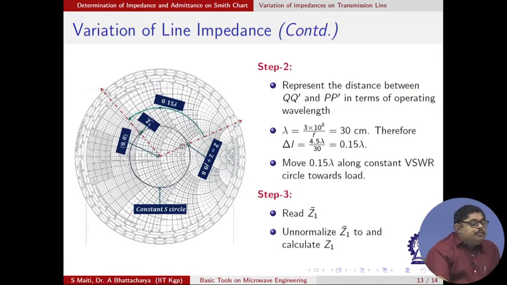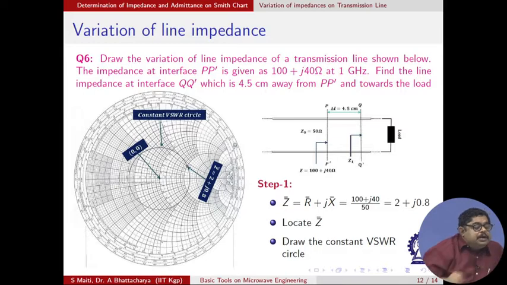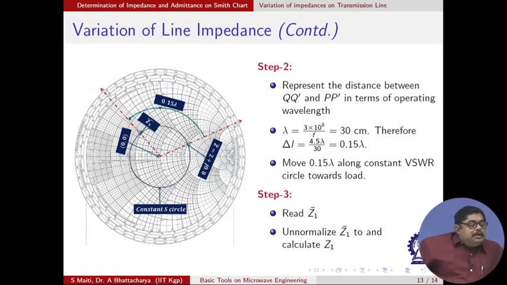So, step 2: since the Smith chart movement markings are in terms of lambda, you need to find how many lambda the 4.5 centimeter in the problem is.